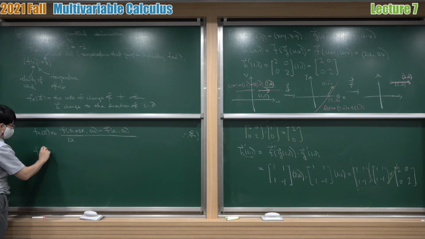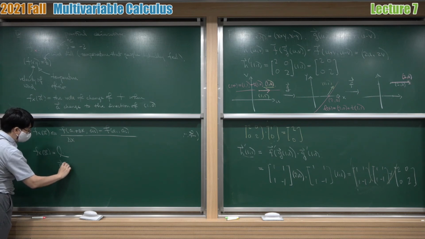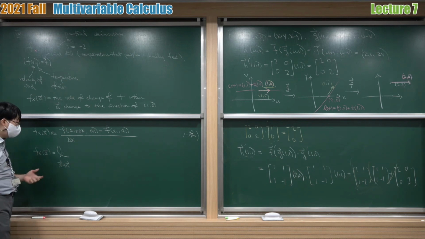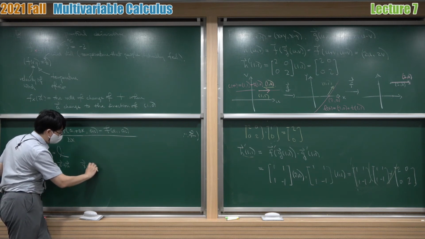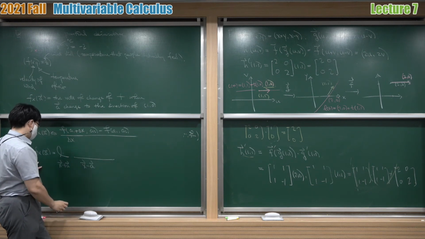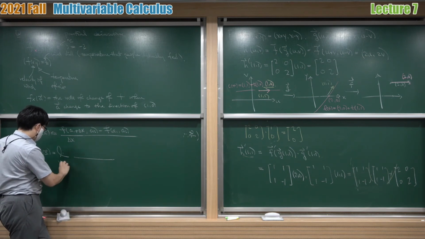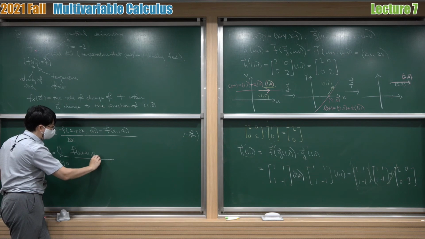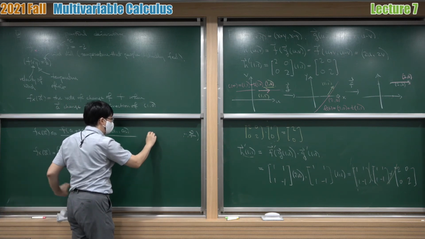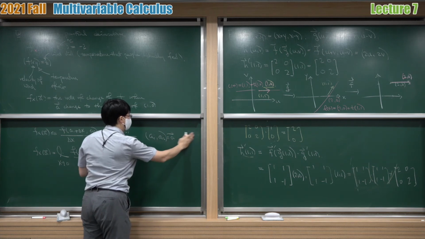Actually, when you want to compute the partial derivative, you have to take the limit, as in the definition of the derivative of a single variable function. As x goes to 0, you take f(a1 + x, a2) minus f(a1, a2), divided by x. By the way, a1 and a2 come from the coordinates of a vector.